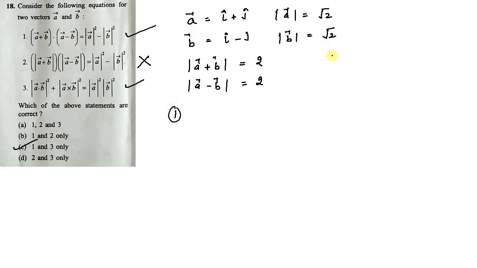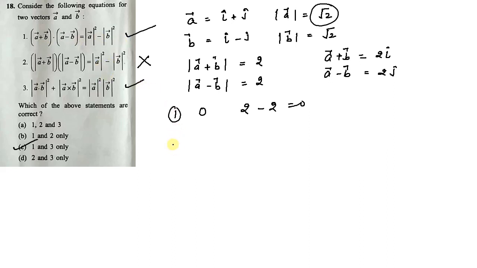A vector plus B vector is 2i cap and A vector minus B vector is 2j cap. The product of these two, we simply get 0 because i dot j is 0. On the right side, the square of the magnitude of A vector, which is root 2, so the square is 2, minus 2, is also 0. So the first statement is correct because LHS equals RHS.